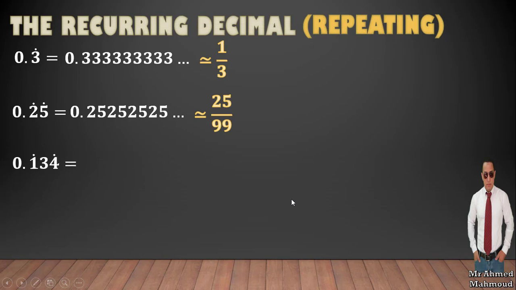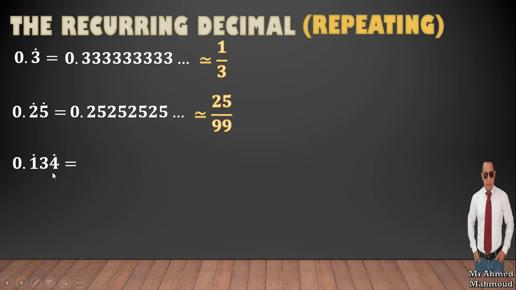Another example, 0.134. The dots here are above 1 and 4. So I'm going to repeat the whole number, 1, 3 and 4. Again, if the dots are above the first and the last, you are going to repeat the whole number.